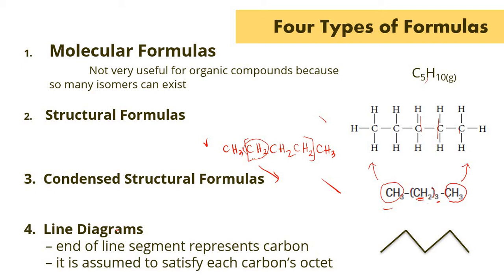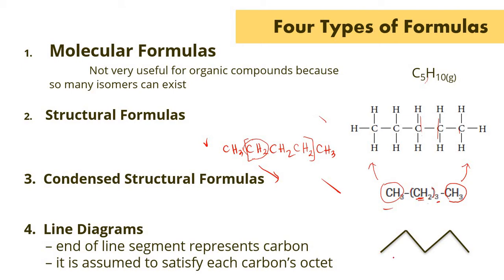Line diagrams. The end of a line segment represents a carbon. It is assumed to satisfy each carbon's octet. This one is a more simplified version. Why? This time we're not writing the C, nor are we writing the H. So it's not shown.